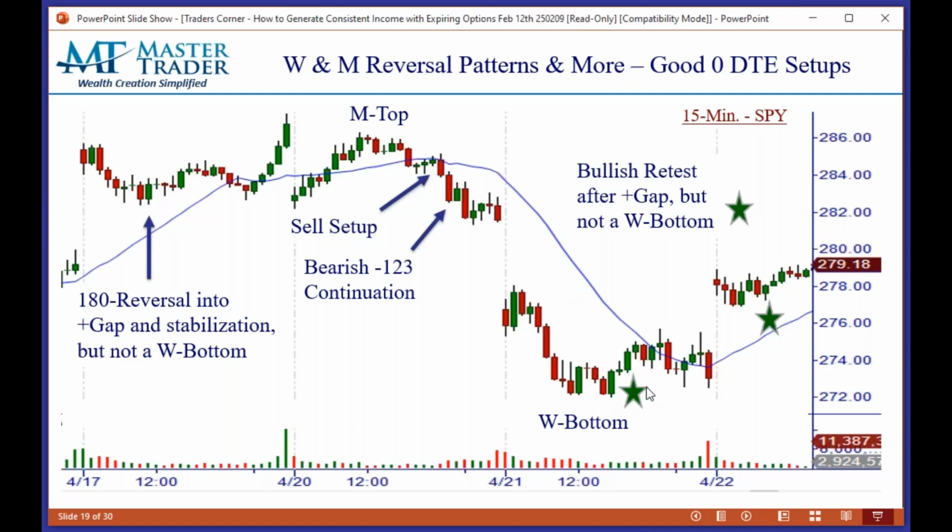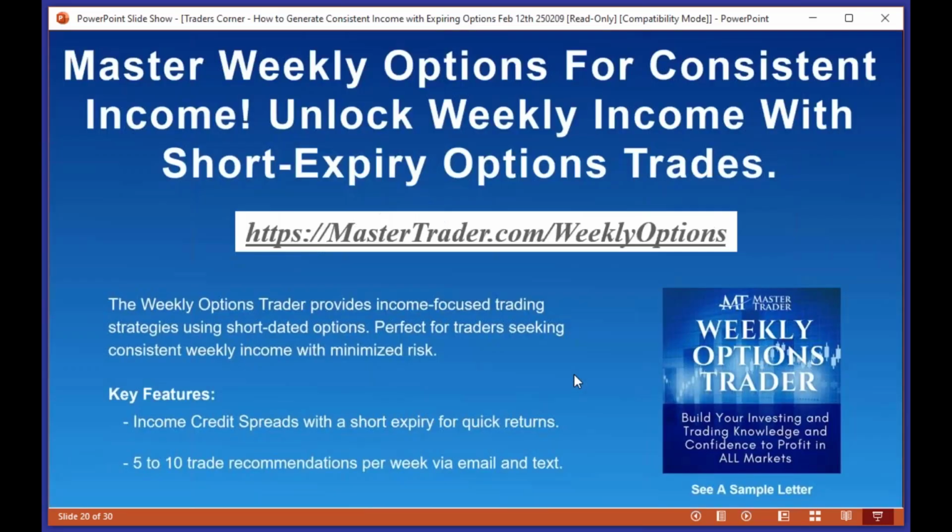These are where you want to start paying attention to go through your checklist and say, aha, look at this double bottom here. How much can I get for selling the 272s or 271s or 270s? The farther away you can get from danger and still getting good premium is what we want to do.